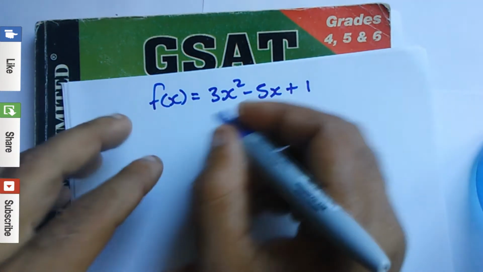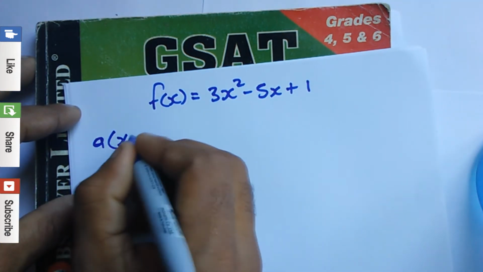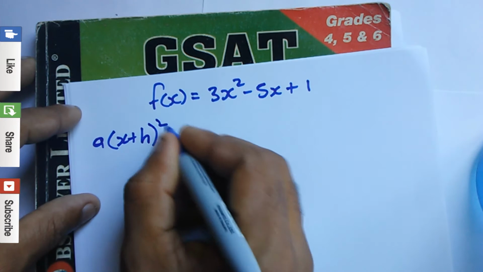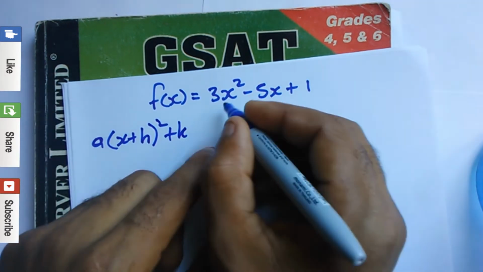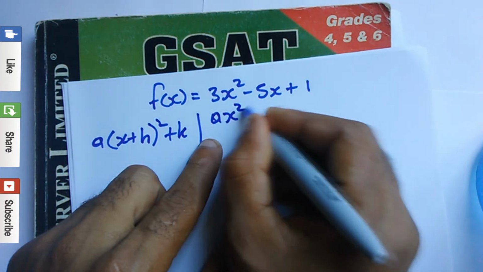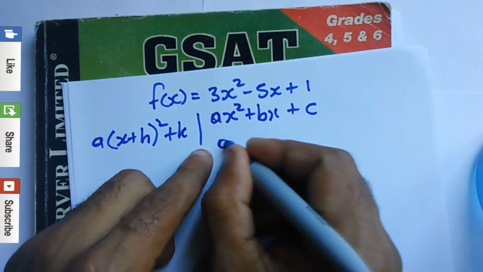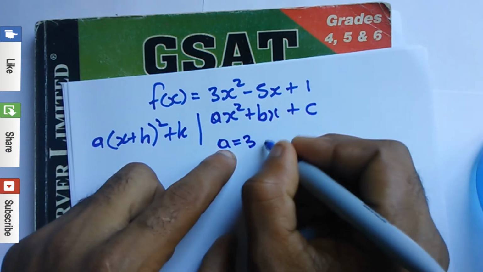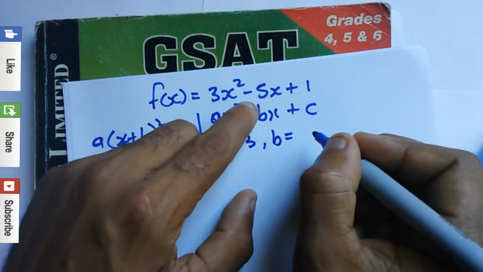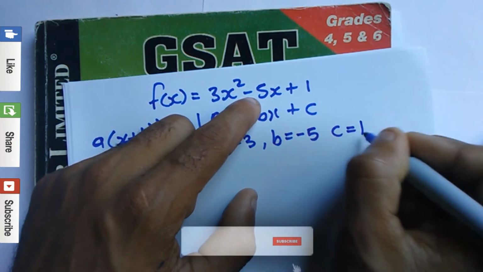Remember, we're supposed to express this in the form of a bracket x plus h bracket squared plus k. So remember that the quadratic is written in the form of ax squared plus bx plus c. So we know that a is equal to 3, b is equal to, you have to pay attention, negative 5, and c is equal to 1.